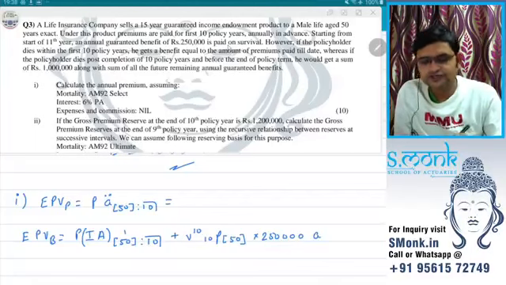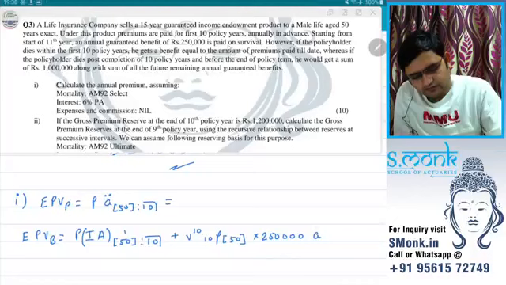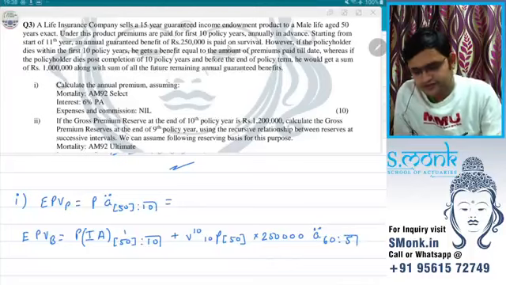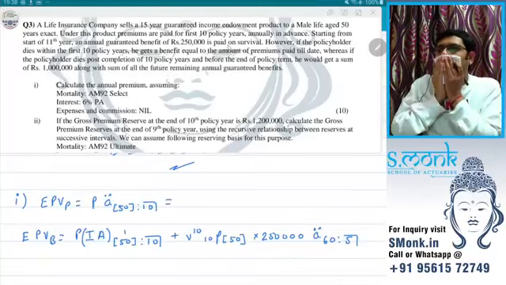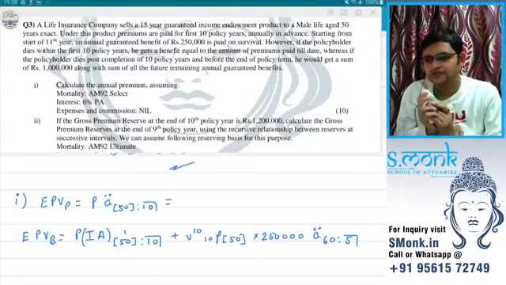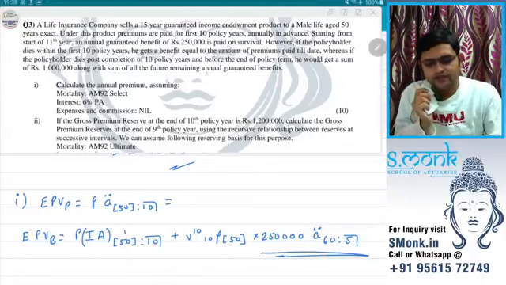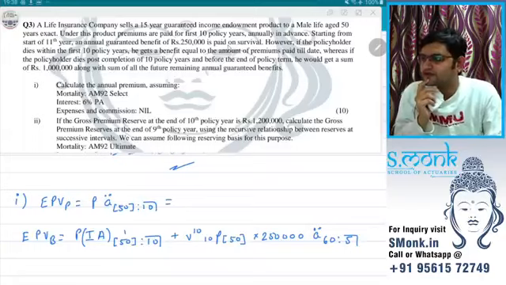If the person survives the 11th year, gets another this much. Survives the 12th year, another this much, and so on. So there's an annuity in advance for a person who is age 60 going for 5 years. So this is nothing but an annuity given for the next 5 years.